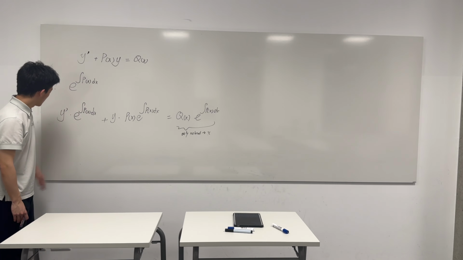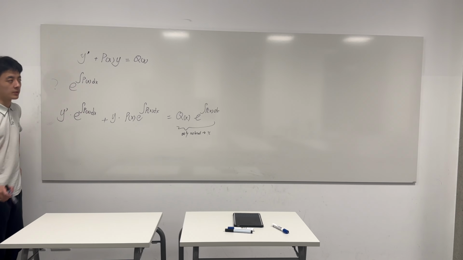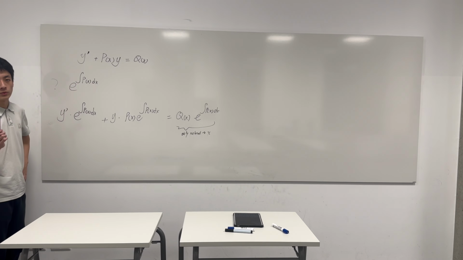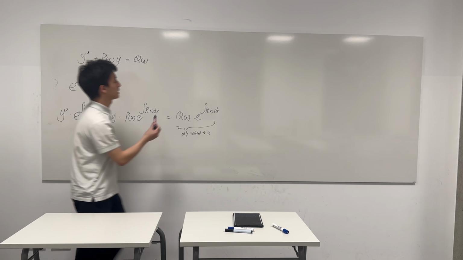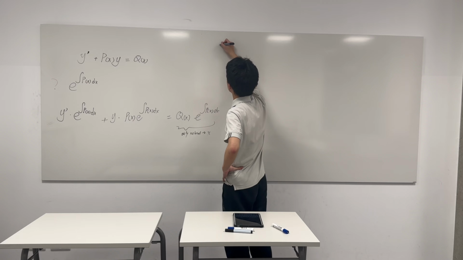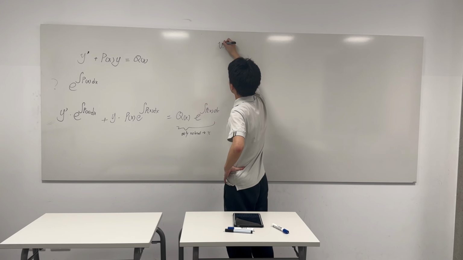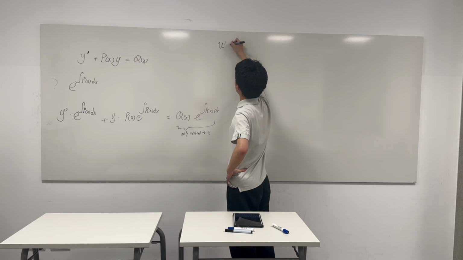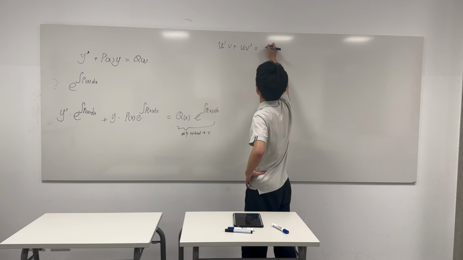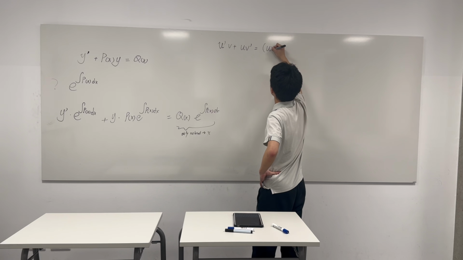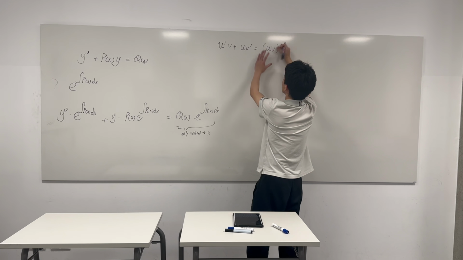You guys remember? If you really go through the mark scheme, then you will see for the left side, there's such a thing like u derivative v plus u v derivative is equals to u times v, then whole thing derivative.